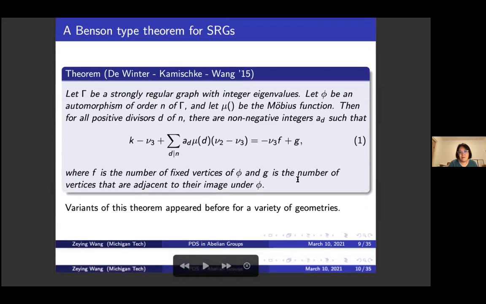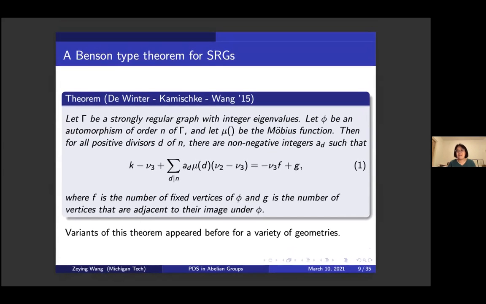It's a very nice result just on its own, right? You connect the property of the automorphism of the graph with the eigenvalues of the graph, right? So that's equation 1.